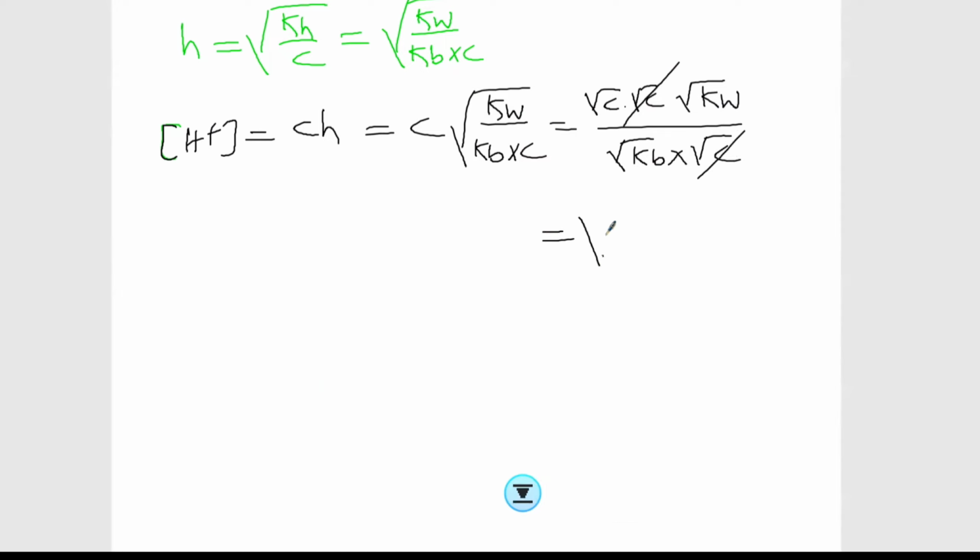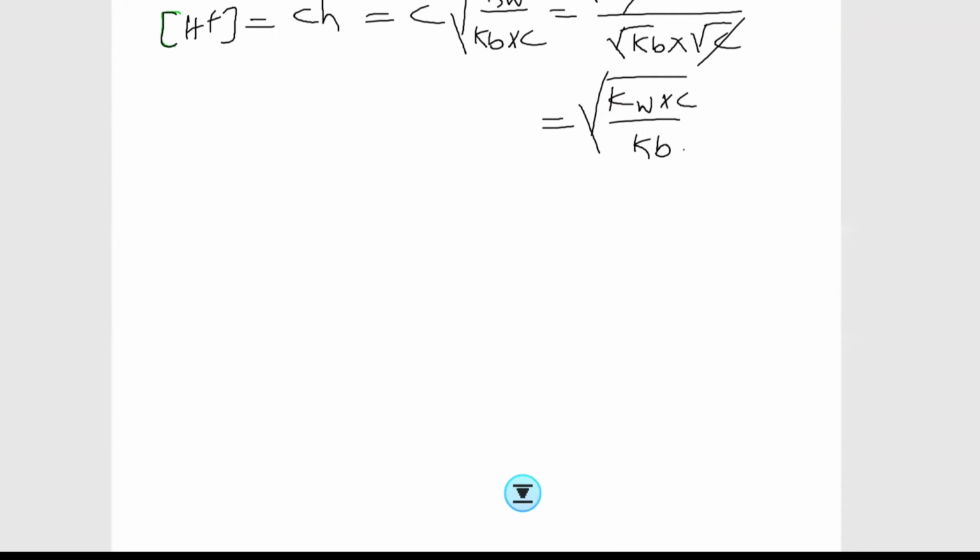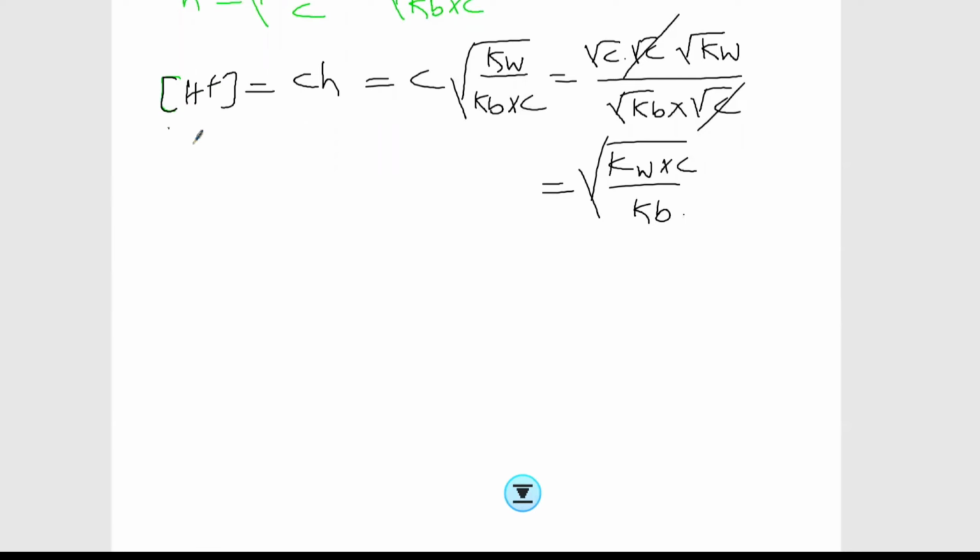This can be written as root of Kw into C by Kb. So this is the concentration of H plus.